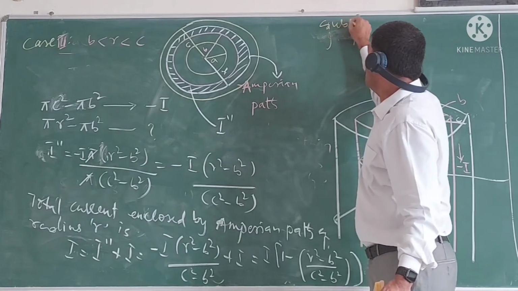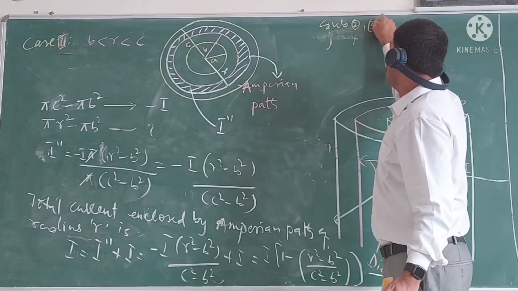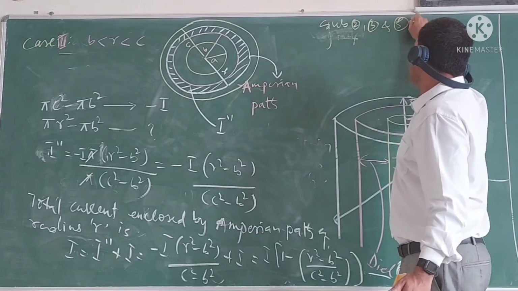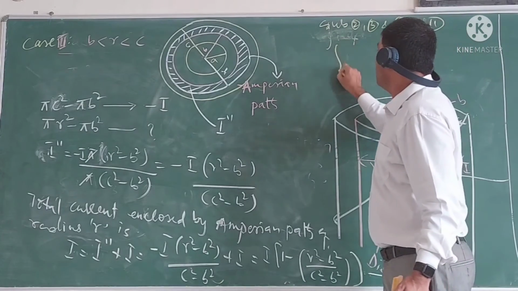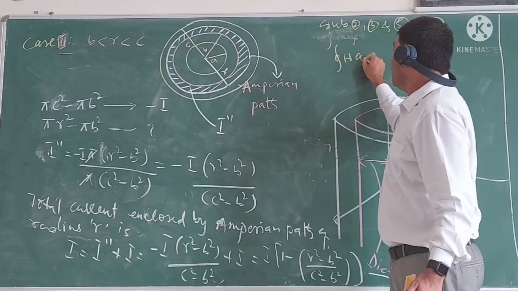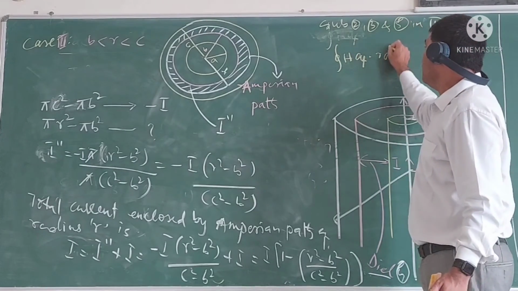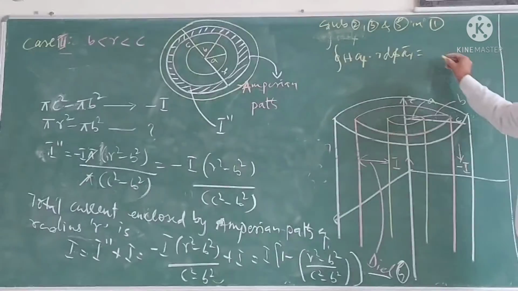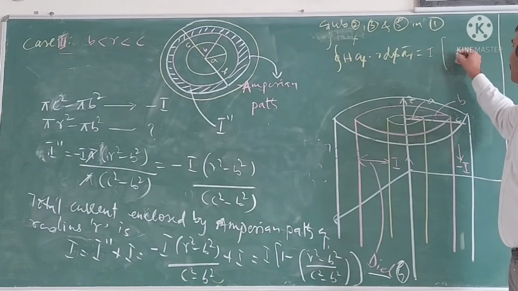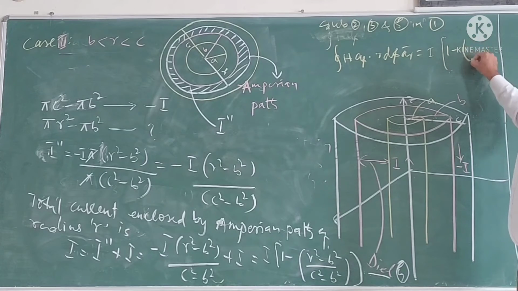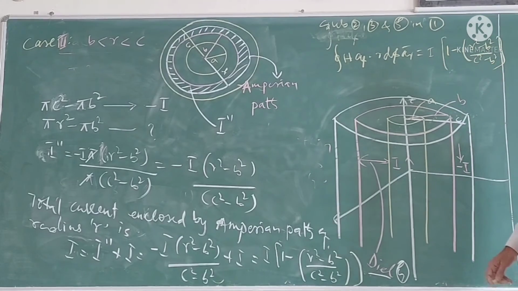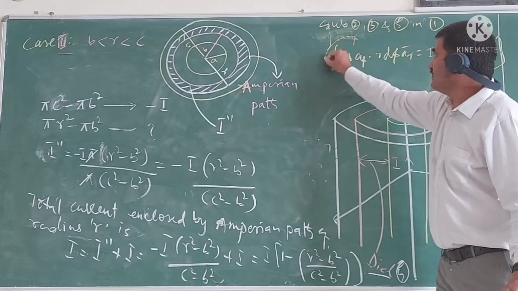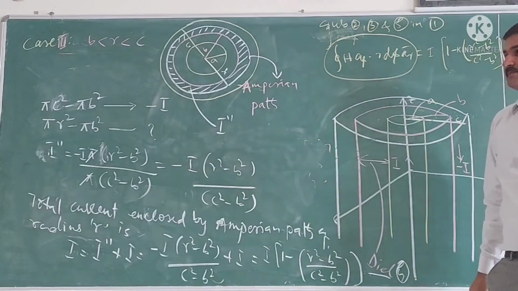Substitute 2, 3 and 5 in 1: H phi dot r d phi is equal to I times 1 minus r square minus b square over c square minus b square. What do you get from this? You did this already.